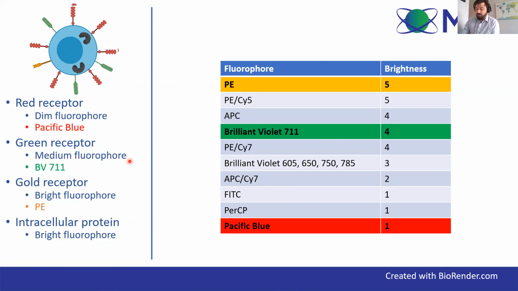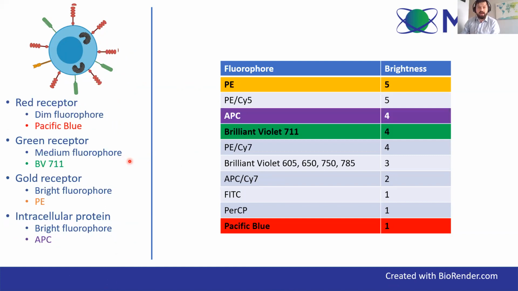Happily, all of these are actually fine because their brightness levels are okay, their emission profiles are okay, and also none of them are tandem dyes. So we're perfectly happy to keep those. And we can add in something like APC for our intracellular fluorophore.